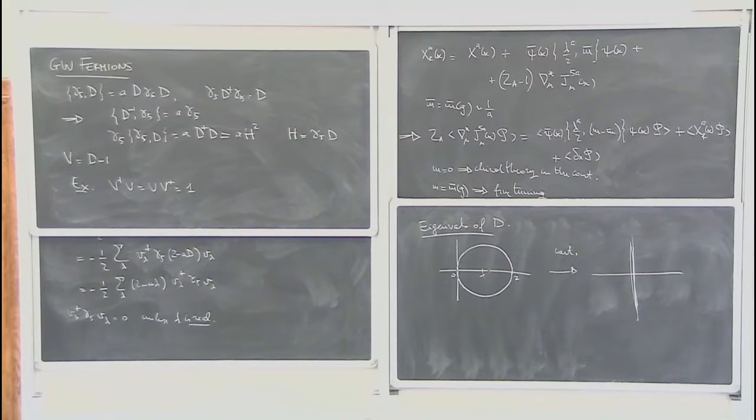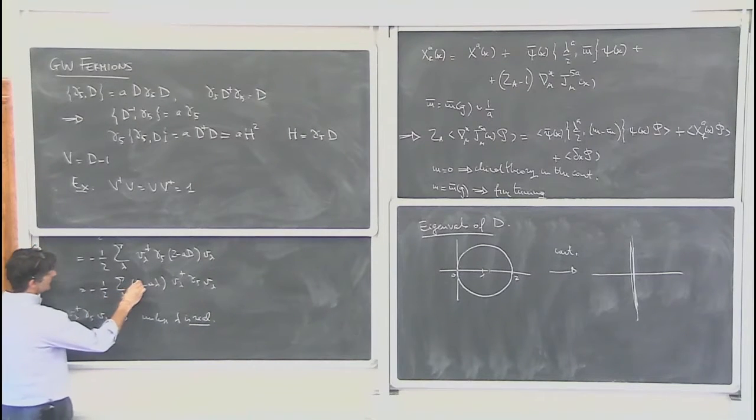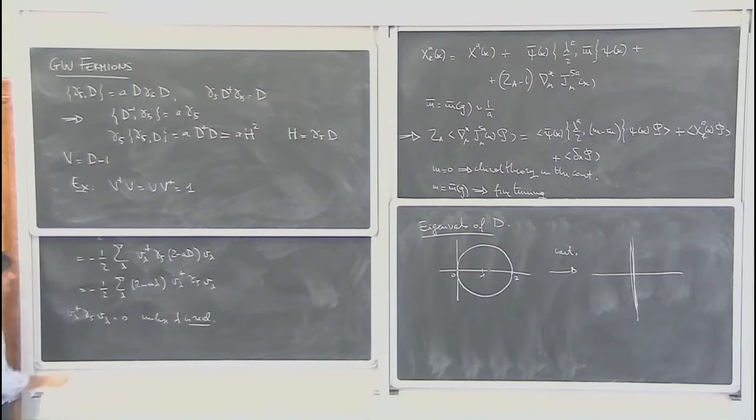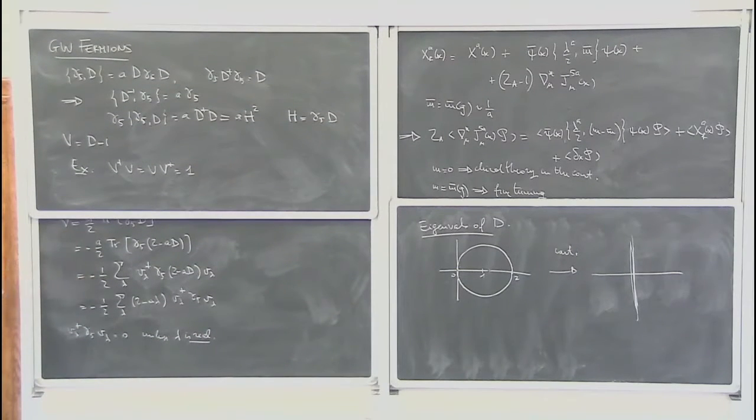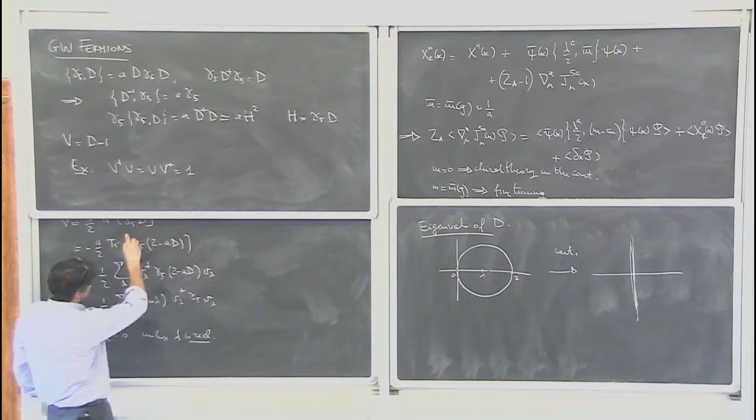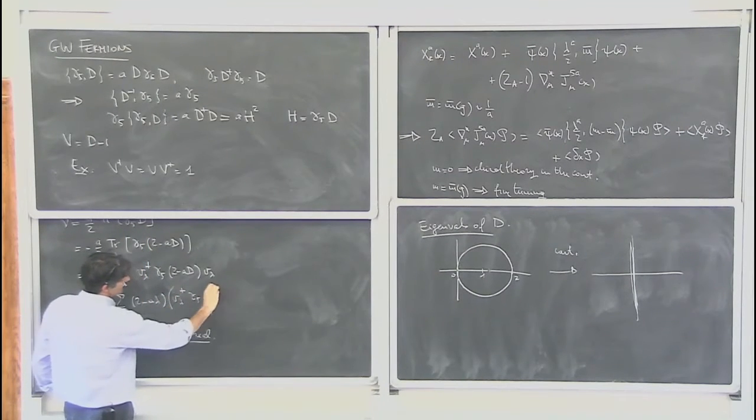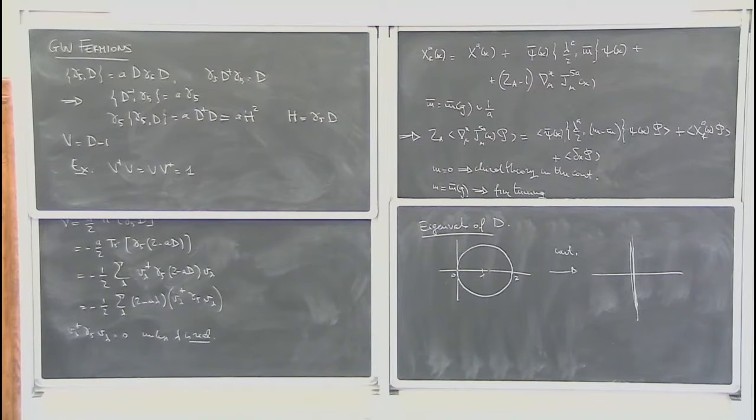So, in computing this trace, where you sum over all the possible eigenvalues of D, because of the gamma 5 structure, you get contributions only from the real eigenvalues of the Dirac operator.